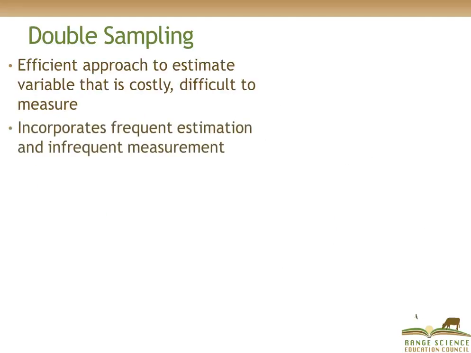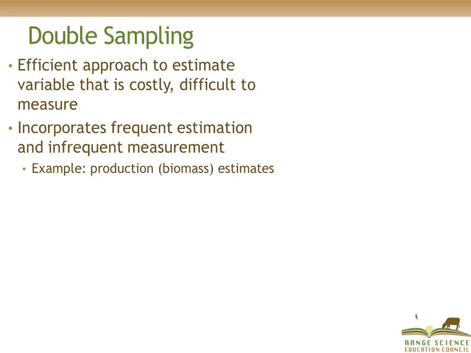Double sampling is an extremely efficient approach when we need to estimate a variable that is usually very costly or difficult to measure. So there's a difference between estimation and measurement. With double sampling, we incorporate frequent estimation and infrequent measurement.